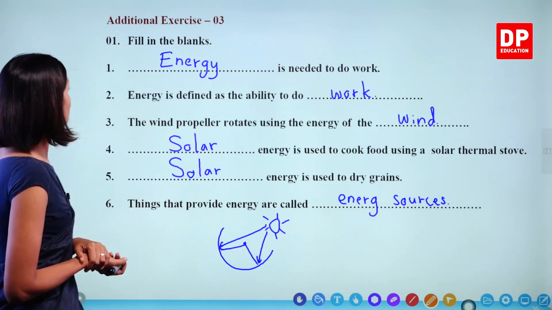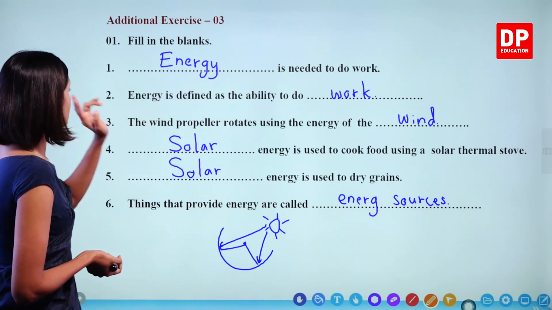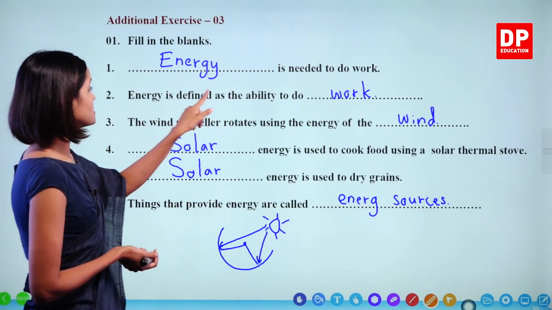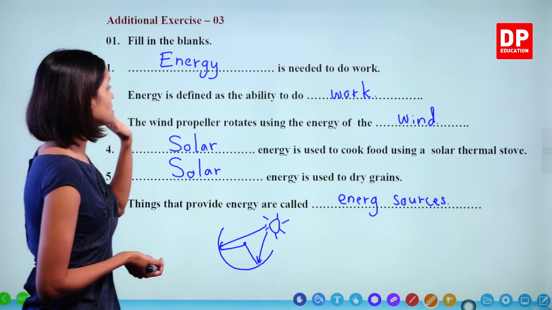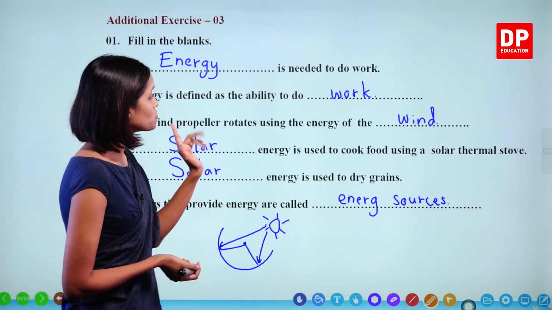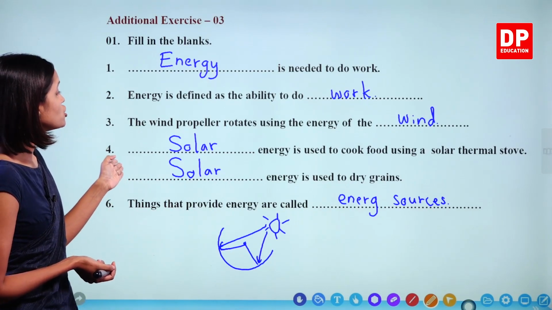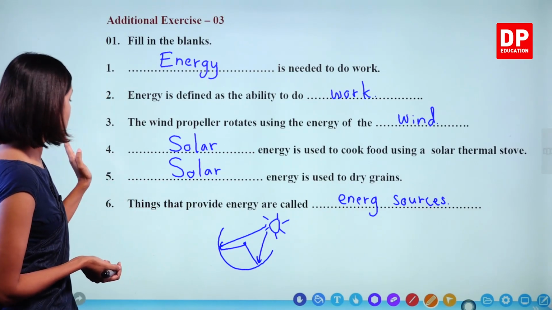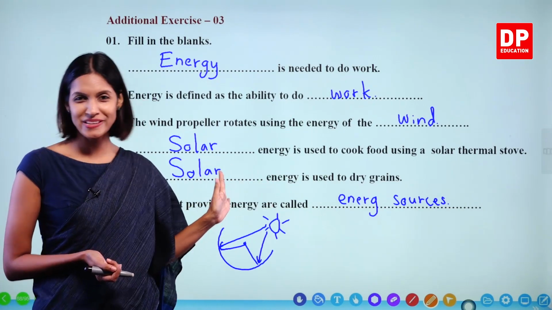So we'll read this from the beginning. Energy is needed to do work. Energy is defined as the ability to do work. The wind propeller rotates using the energy of the wind. Solar energy is used to cook food using a solar thermal stove. Solar energy is used to dry grains. And things that provide energy are called energy sources. Okay?